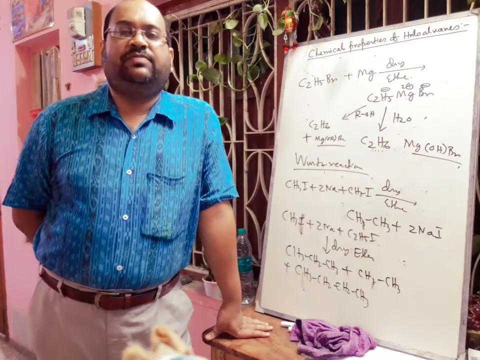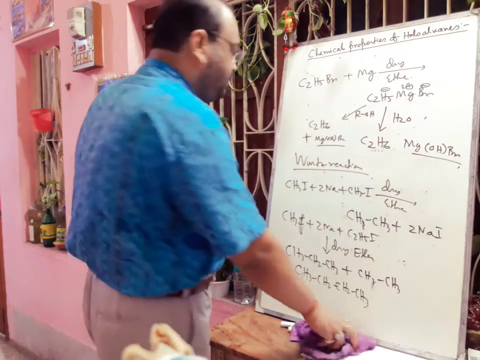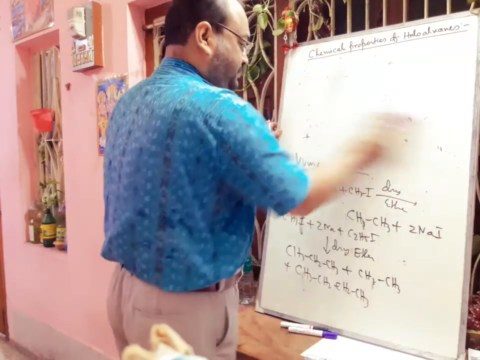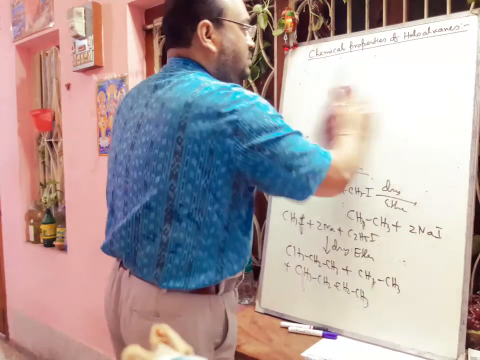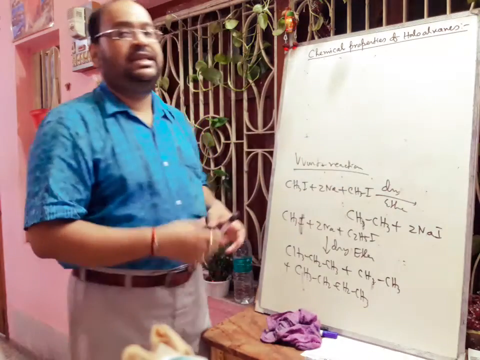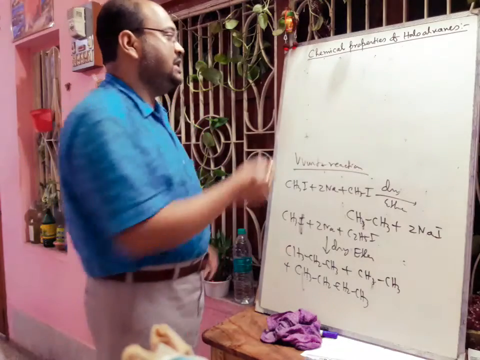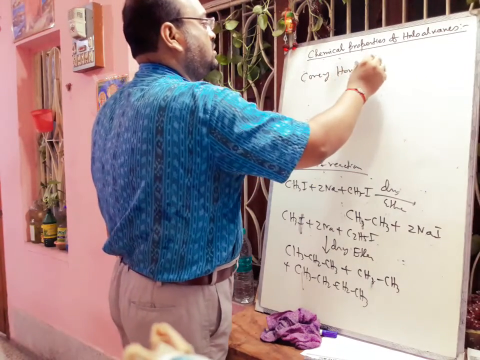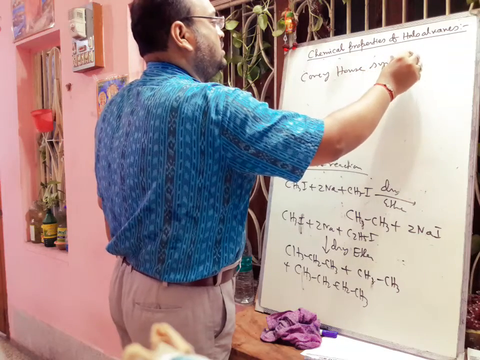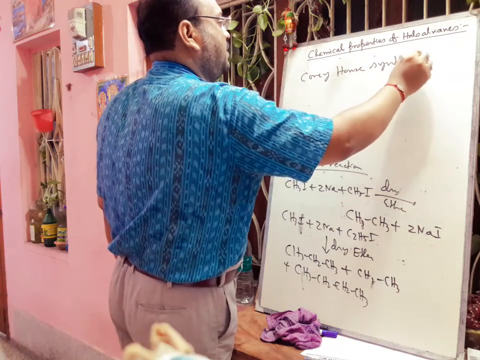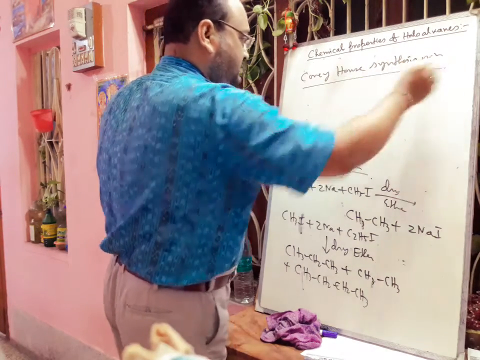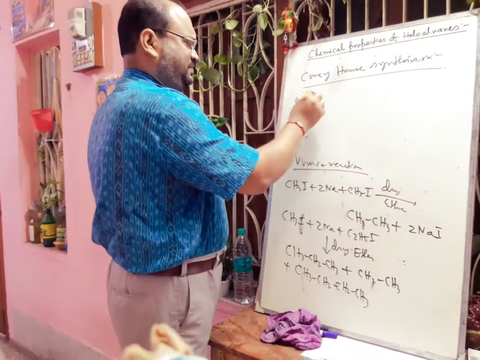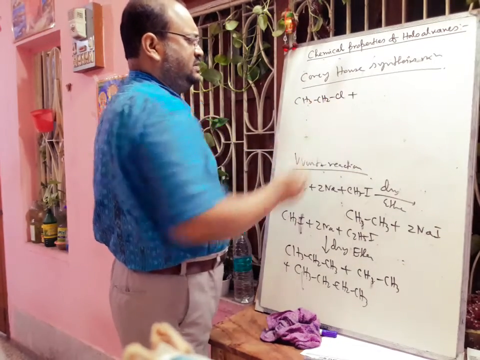So how to solve this type of problem? This problem was solved by our Nobel laureate E.J. Corey, and the name of the reaction is Corey-House synthesis reaction. Here we have to take the alkyl halide.